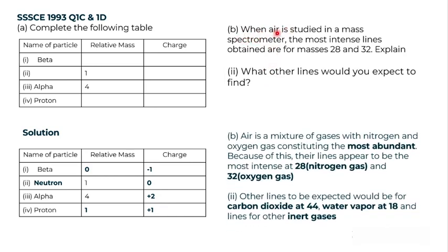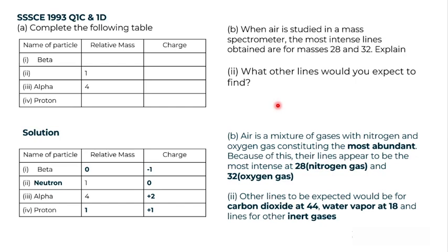They said when air is studied in a mass spectrometer, the most intense lines were obtained for the masses 28 and 32. We have to explain. Now we know that air is a mixture of gases, and out of all the gases that constitute air, nitrogen gas and oxygen gas are the most abundant components.